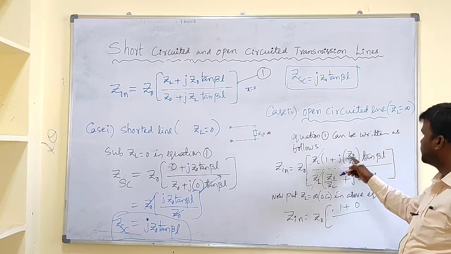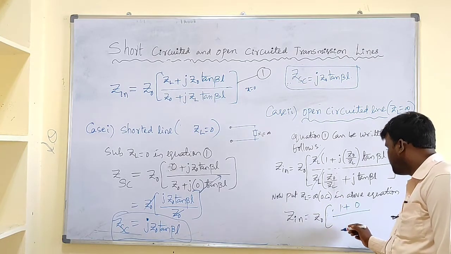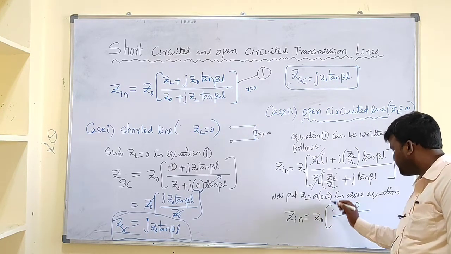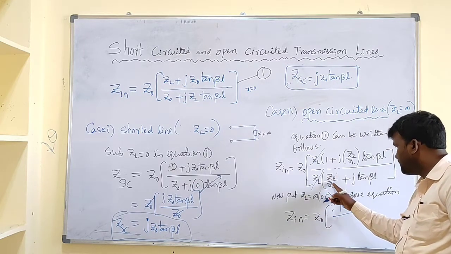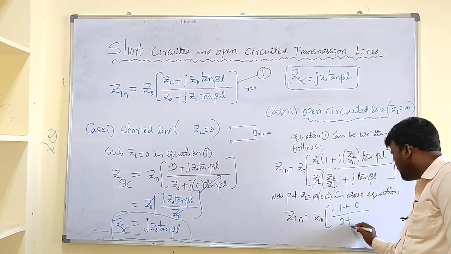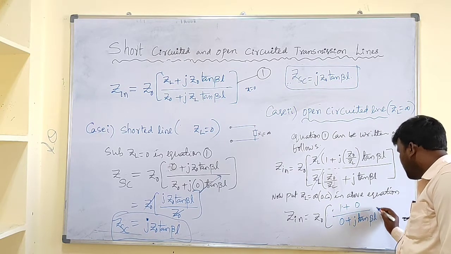J into Z0 tan beta L by infinity gives 0. Here Z0 by ZL, something by infinity, is 0, leaving J tan beta L.